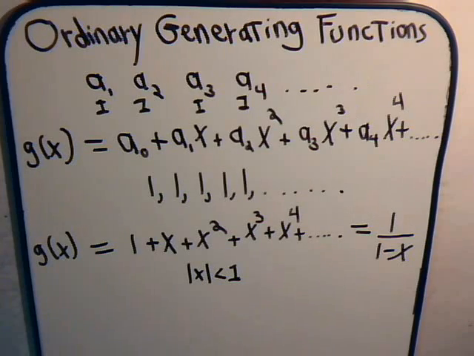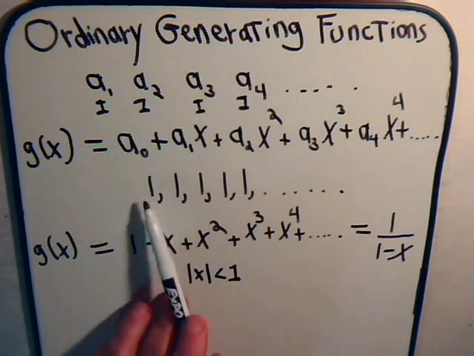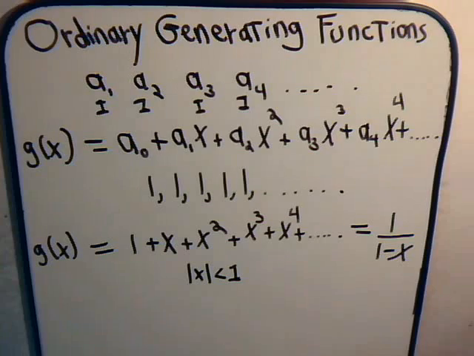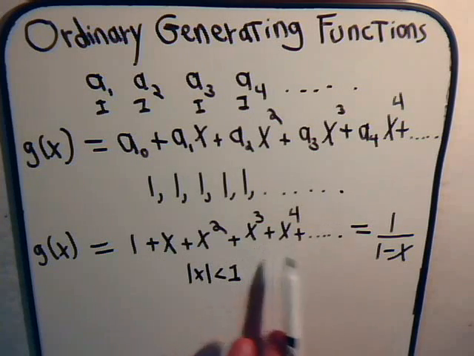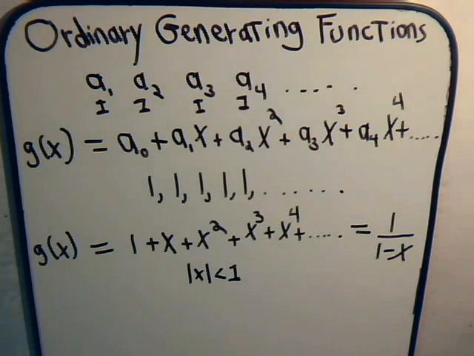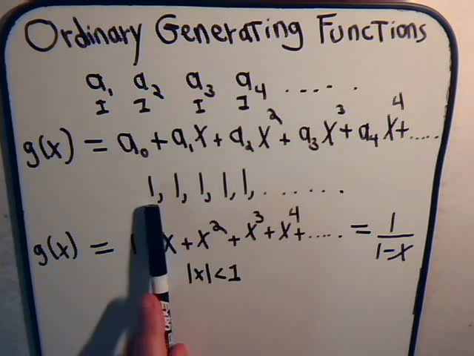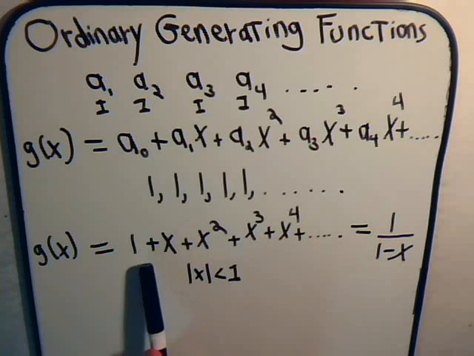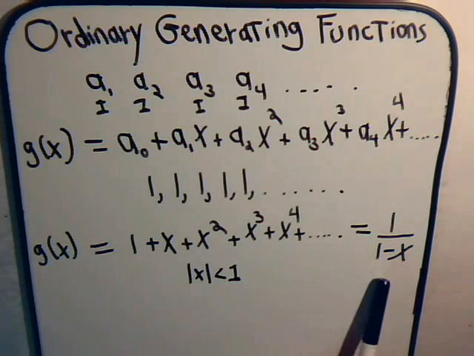So that's fine. If we have a series of numbers like 1, and we want to multiply them by these x's raised to various powers, and we do it with x's so that the absolute value of x is less than 1, it doesn't matter. So there would be a very simple sequence of numbers, and here would be its corresponding generating function.